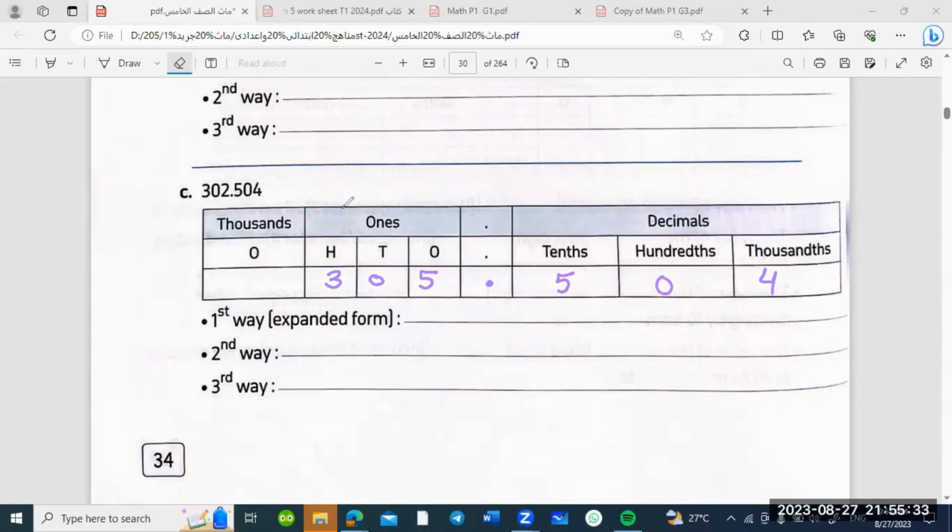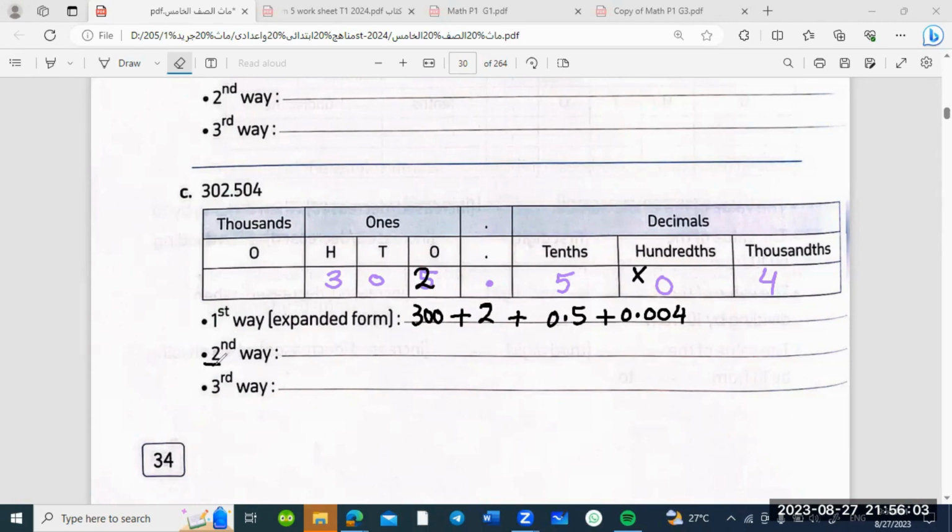Okay, the first way is 300 plus 2 plus 0.5 plus 0.004. Yes, 0 as we agreed has no value, don't write it.